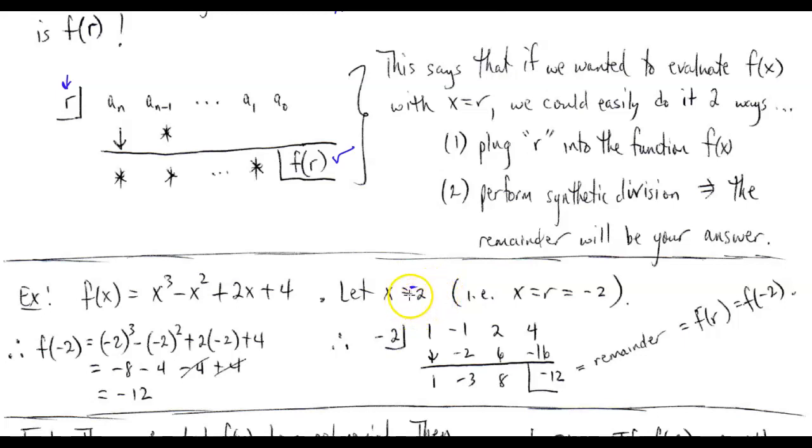The negative got kind of trapped into the equal sign there. But if x is -2, then when we evaluate that, we get a -12. But we also see when we do the synthetic division, we get the same thing, -12. So we see that f of -2 for this particular polynomial ends up being -12.